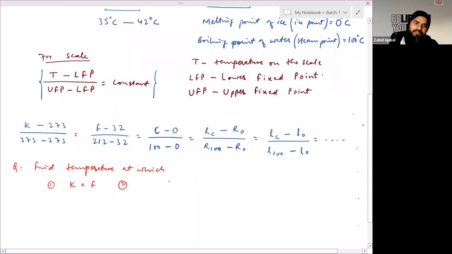Similarly, Fahrenheit equals Celsius. Just put the value of K and F in the above expression as X and equate them to find X. Similarly, if you have to calculate F equals C, put the value of F and C to be Y and equate them, you will get Y. Just write it down and try to solve.